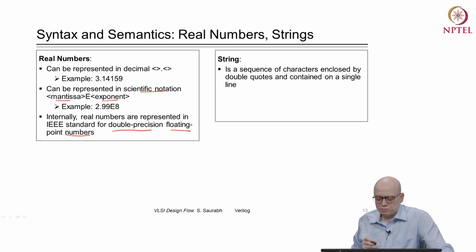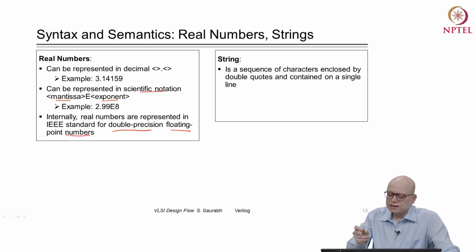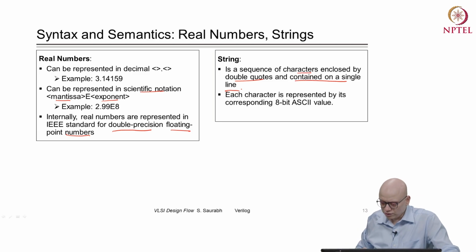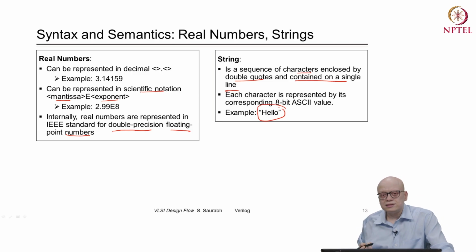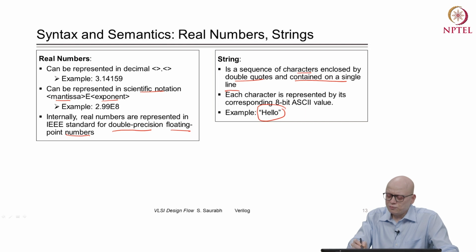And Verilog supports strings also, and a string is a sequence of characters enclosed by double quotes and contained on a single line. For example, this is a string. Now, internally the string will be represented by its corresponding value, with each character being represented by its 8-bit ASCII equivalent.